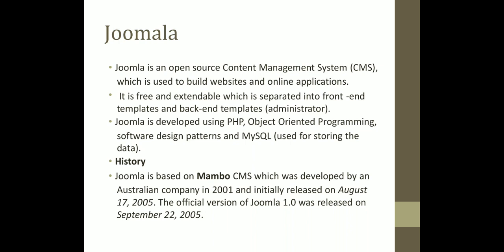Joomla was developed as open source software, and it was created in August 2005. To use this CMS independently, it was created on a model view controller web application framework.